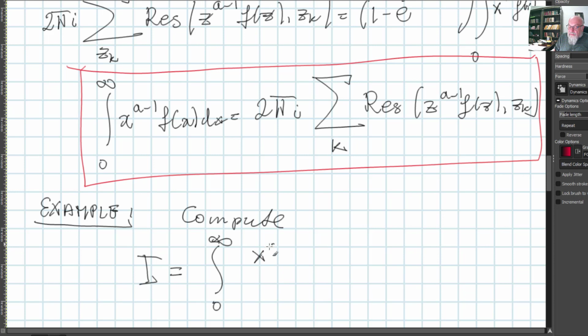This is x to the power a minus 1 over 1 plus x dx, and we assume that a is between 0 and 1 probably.